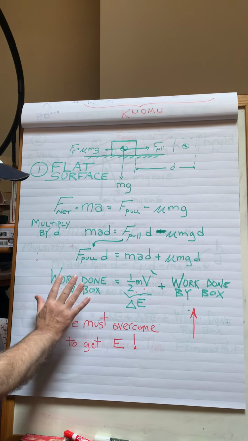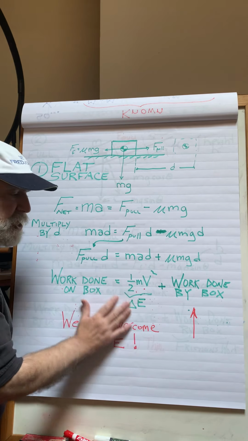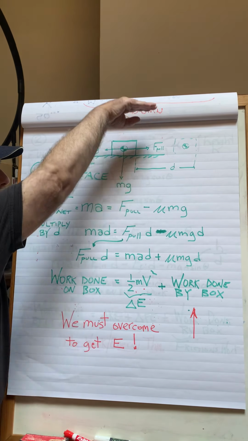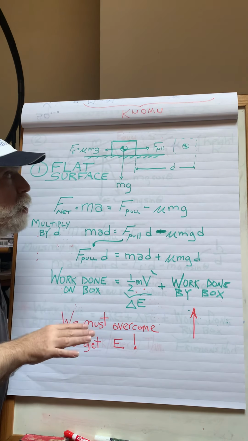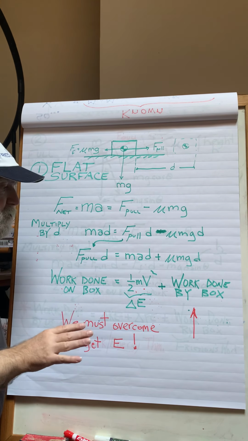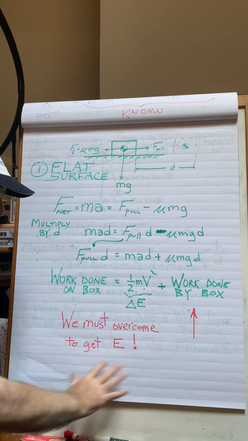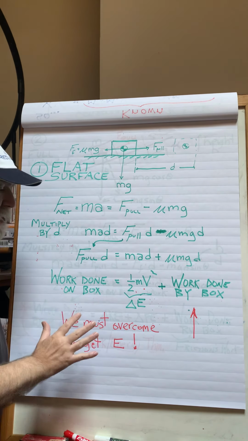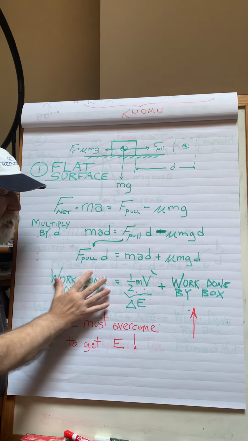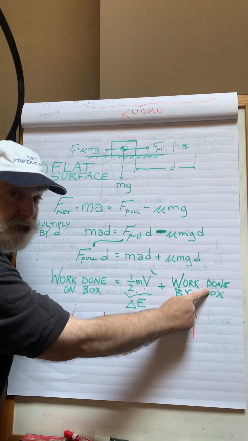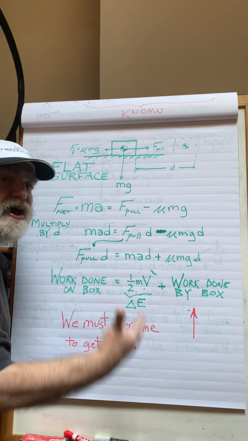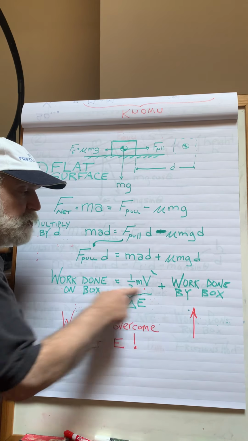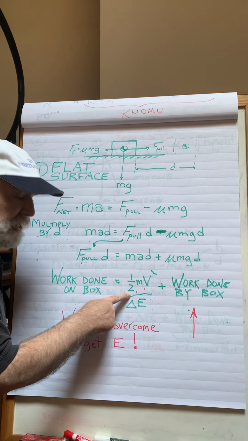So the work done on the box is the change in the kinetic energy, because I'm on a flat surface. There's no change in height, so there's no gravity potential energy to worry about. But this is the basic entry level work energy theorem, that the work that we do on a box first has to overcome the friction, and whatever extra work we put in after we overcome the friction, we can use to change the energy of the box.